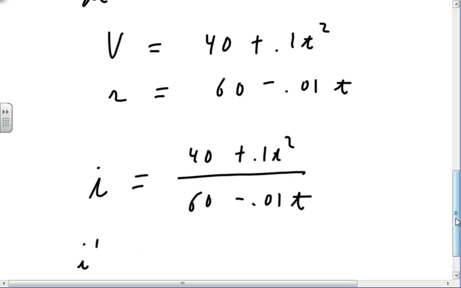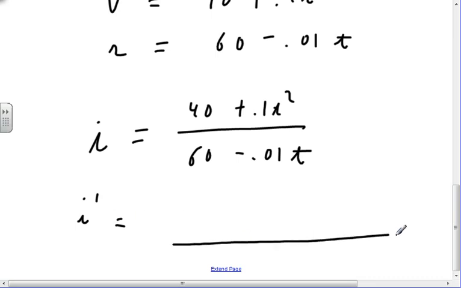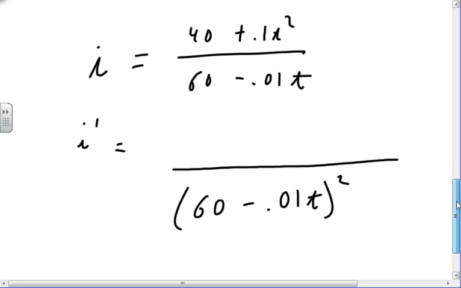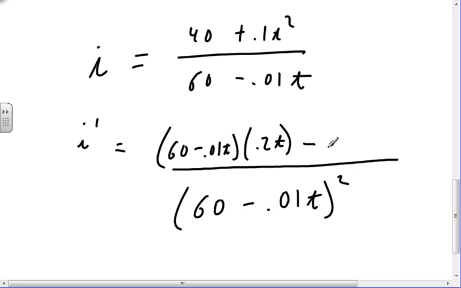I prime is equal to, and on the bottom I have 60 minus 0.01 t, squared, and on the top I have the bottom guy times the derivative of the top guy, 0.2 t, minus the top guy, 0.1 t squared, times the derivative of the bottom guy, minus 0.01.